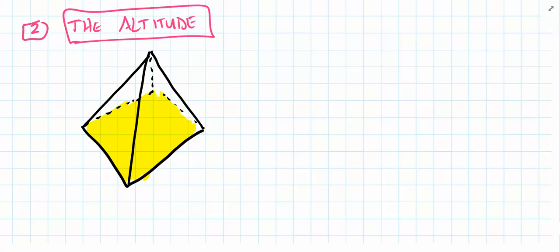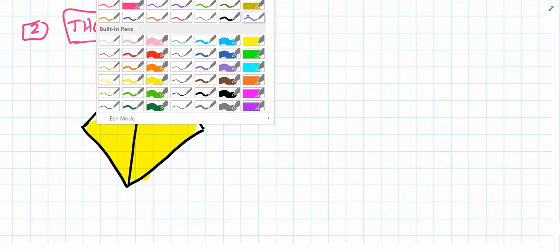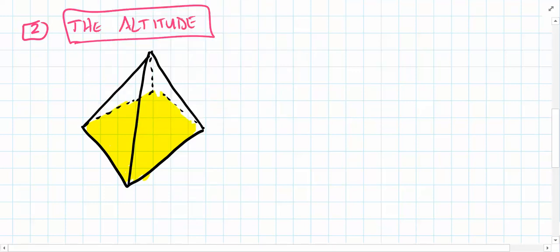Okay, the altitude. I'm going to do a big red line. We start at the vertex and go straight down to the center of the base, perpendicular. This piece right here is called the altitude. No, this black line is an edge, a lateral edge. This altitude is the line that's inside the pyramid.